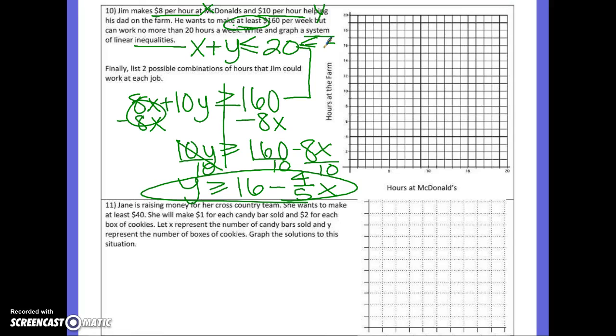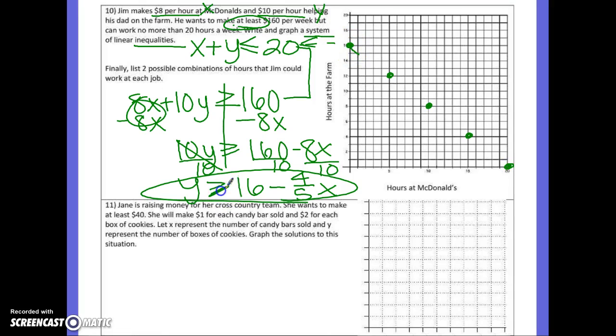And then I'm going to just start by graphing this one, and then I'm going to go back and do the other one. So I'm going to start at 16, which I can hardly read these numbers. Let's see, 20's at the top. So 18, 16 is here. And then we're going to go down 4 over 5. 1, 2, 3, 4, 5.